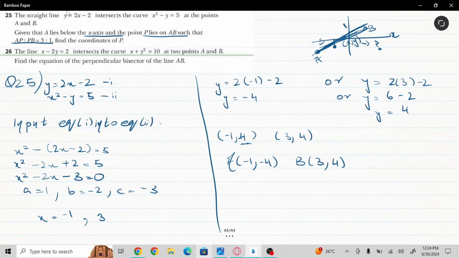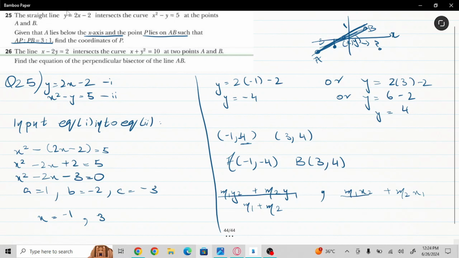This is the formula of internal division, and you have to literally learn it by heart. So what is the formula? The formula is (m1 y2 plus m2 y1) divided by (m1 plus m2), and for the x value we have (m1 x2 plus m2 x1) divided by (m1 plus m2).